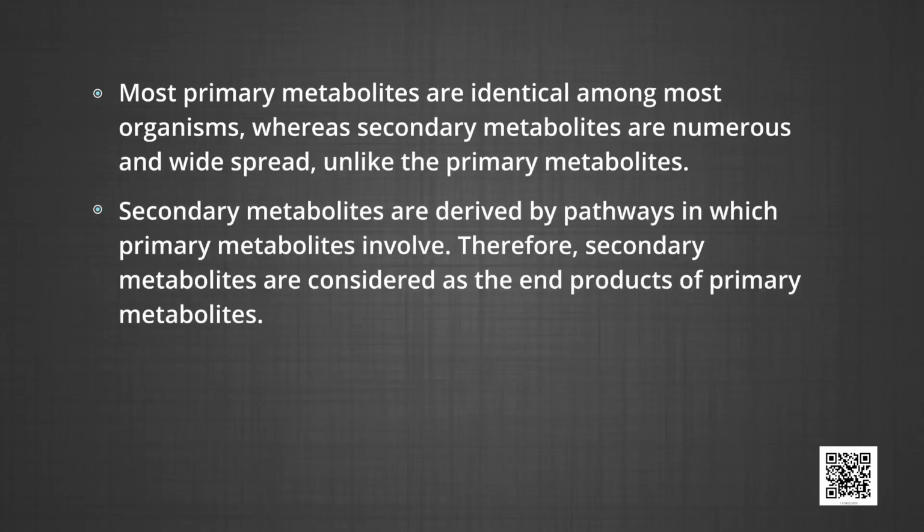The secondary metabolites are derived by pathways in which the primary metabolites are involved. That means you can say the secondary metabolites are the products of the primary metabolites. Therefore, secondary metabolites are considered as the end products of the primary metabolites.